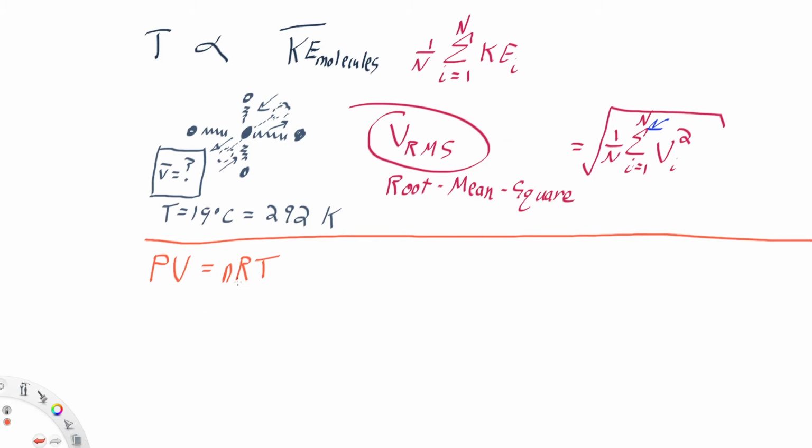This is how a chemist usually thinks about it: PV equals nRT. This is not how we're going to think about it. This right-hand side is messy. We're going to deal with the much superior capital N kT.